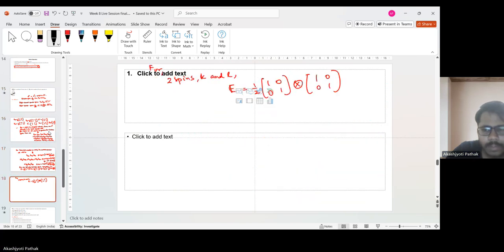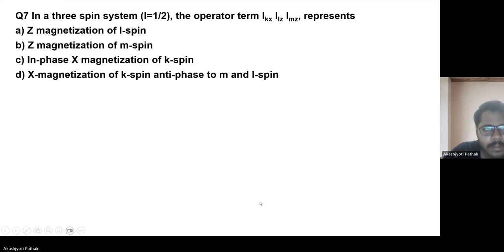Okay, so now moving on to the next question. The question is: in a three spin system, I equal to half, the operator term IKX, ILZ, IMZ represents what?